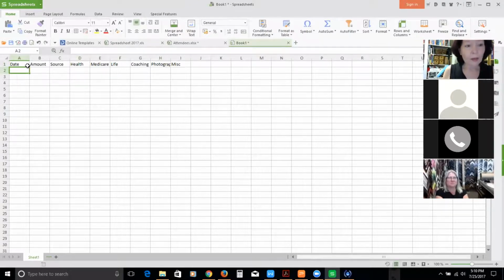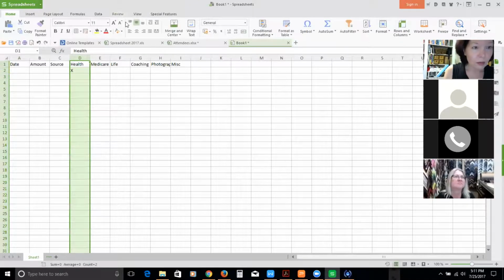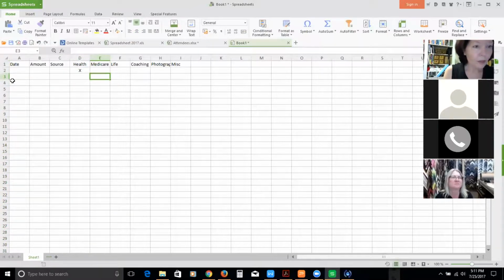You can set it up however you want to. I mean, whatever makes sense for you. But the main thing is to put the date, put the amount that came in, put down who it came from, and then you put your little X's. I'm pointing with my finger like you guys could see it. You put the little X's in whatever category it goes to, so that later on when you're wanting to, you need all this information when we do the budget.